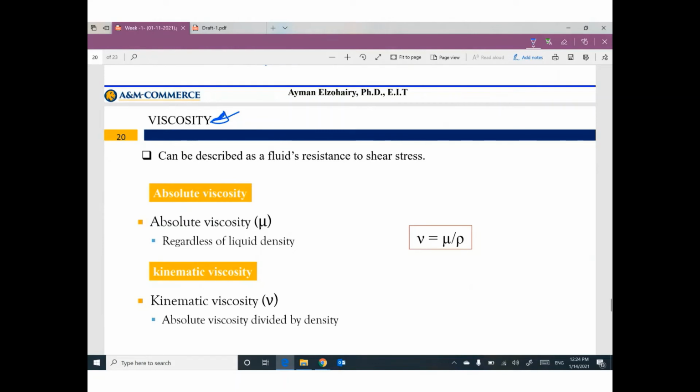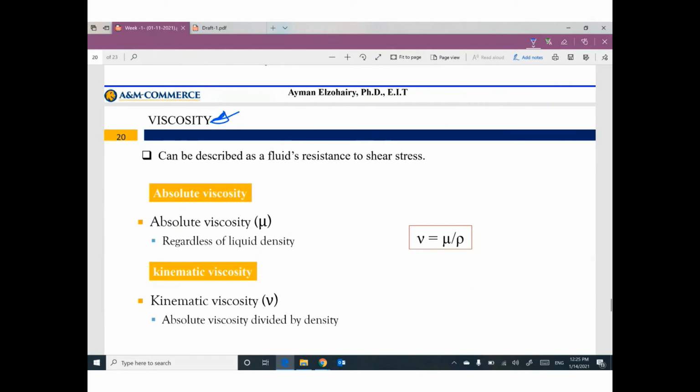Try to put your hands in oil, food oil for example, and then try to make friction with your hands. What is the difference? I believe oil will cause more resistance, more shear resistance, more friction between your hands. So viscosity of oil will be bigger than viscosity of water. So viscosity can be described as a fluid's resistance to shear stress.